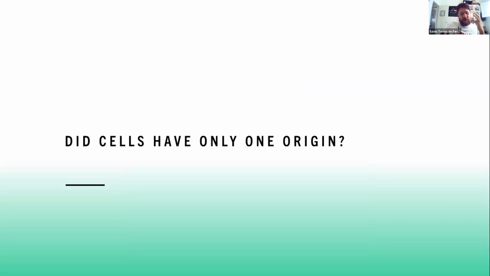So the question that you need to ask now is, did the cell have only one origin? What supports the idea that the cell had only one origin? I can think of a lot of answers to this question, but here I will just talk about two answers.